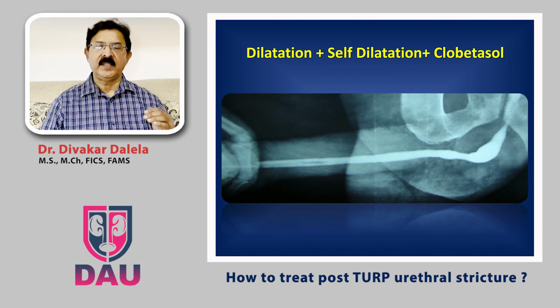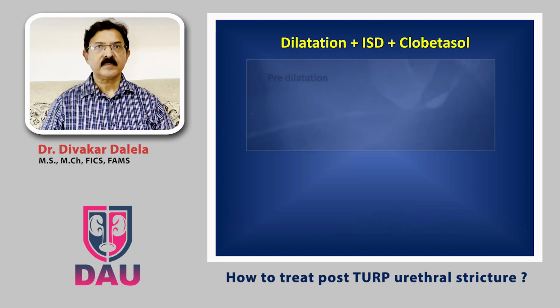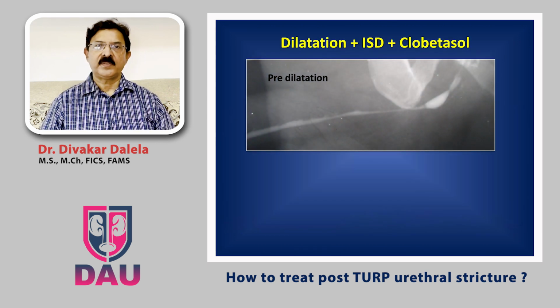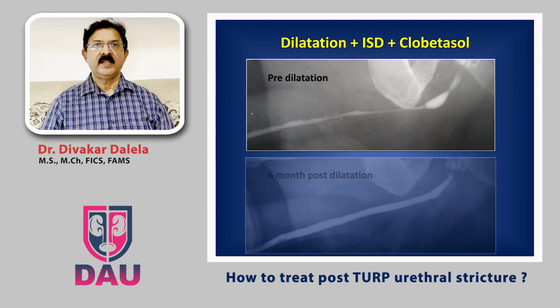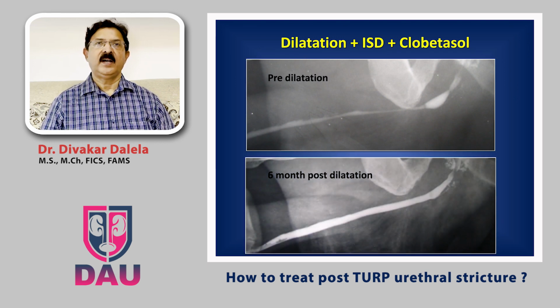I'm sure you'll appreciate the gradual improvement in the condition of the urethra. Here is a case of a stricture pre-dilatation, and here is the same patient after 6 months of dilatation.